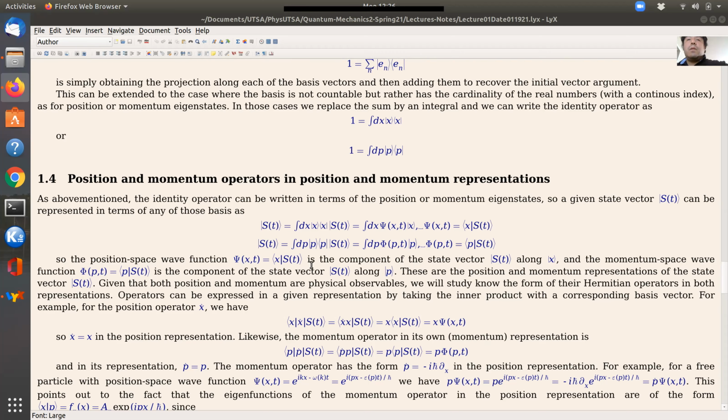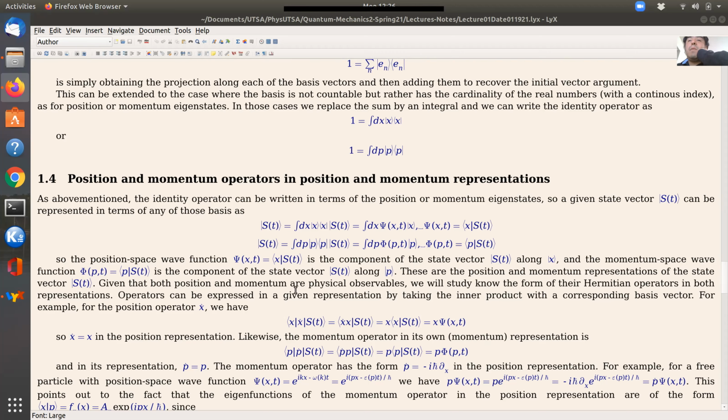So the position space wave function defined like this is a component of the state vector s along x, as we saw before, and the momentum space wave function, again, is a component of the state vector s along p. And these are the position and momentum representations of the state vector, right? Because this is equal to s of t. So it's this equal to this equal to this, depending on which representation might be convenient for your problem.